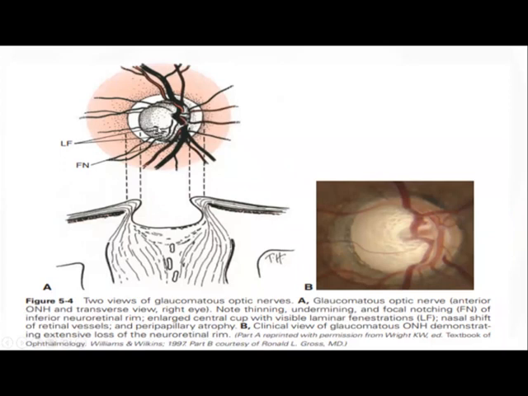We can also see nasal shifting of retinal vessels and peripapillary atrophy. And this is a clinical view of the optic nerve head demonstrating extensive loss of neuroretinal rim.